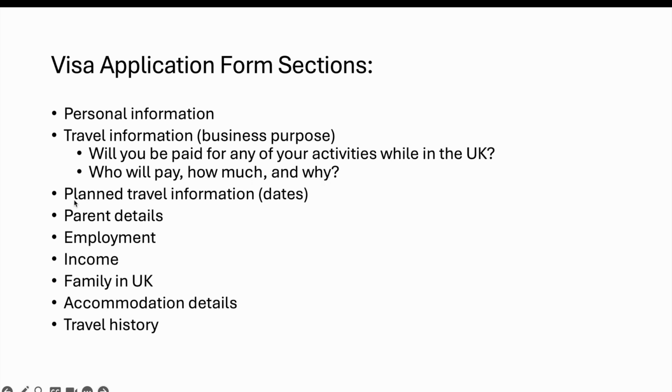The next section is the planned travel information, like the dates that you want to go to the UK, the arrival date, and the day you come back. Then it's parent details, employment details, and any income you have.